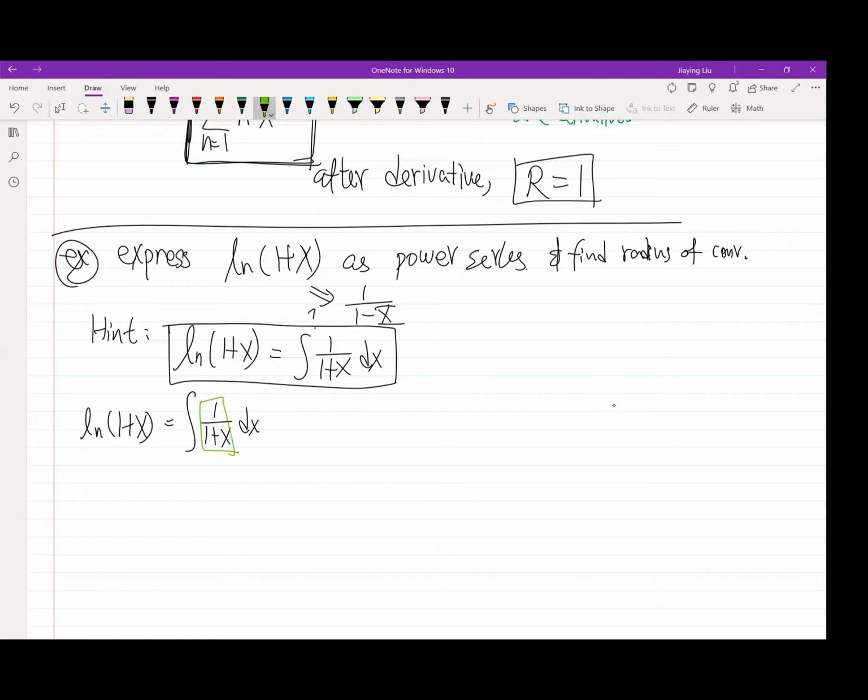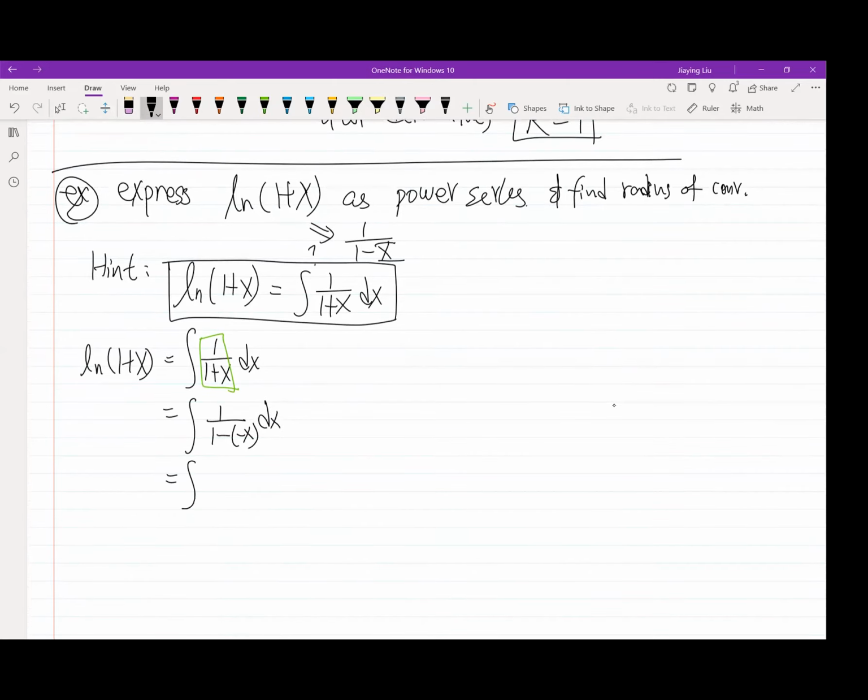This expression in the middle, I can try to use a trick to find the power series. So that becomes, integrating this one I'm boxing green, 1 over 1 minus negative x. Remember that we always want it to be 1 minus something in the denominator, dx. And that becomes the integral.